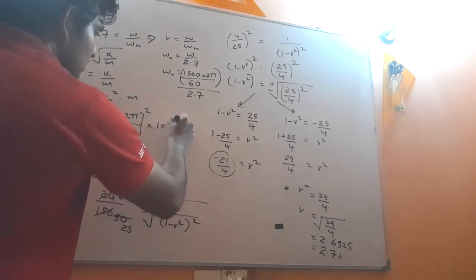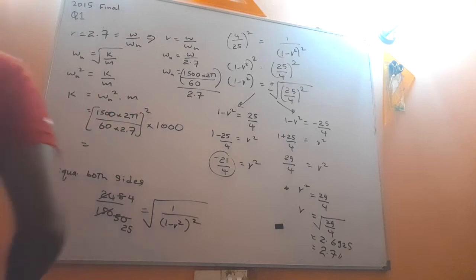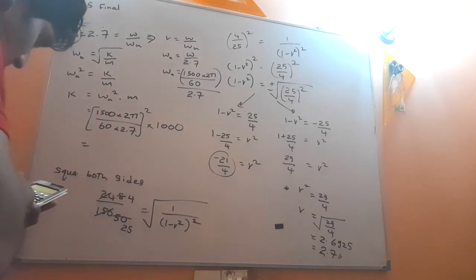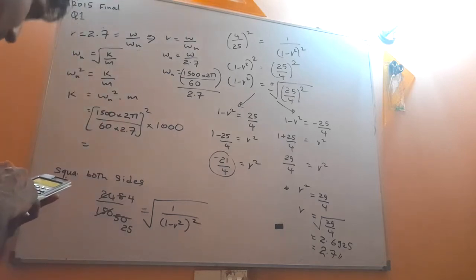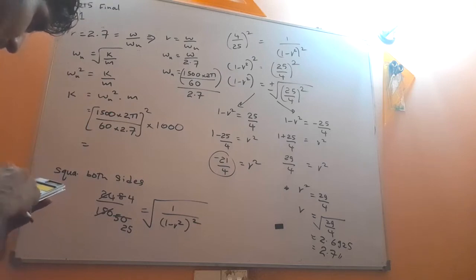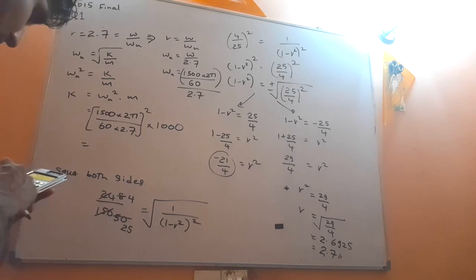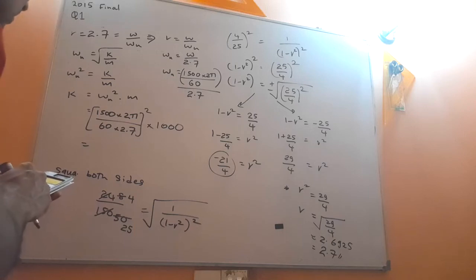So let's see what answer we are getting: 1500 multiplied by 2 pi, divided by 60, divided by 2.7, and you have to take the square of that.